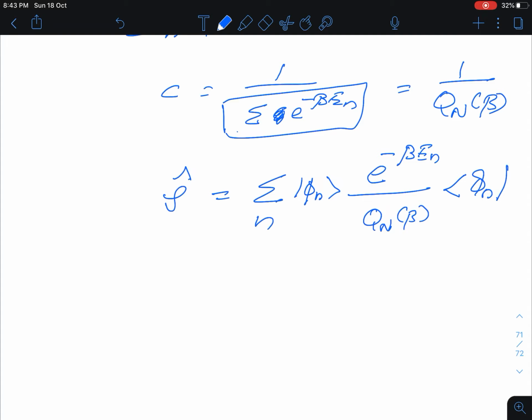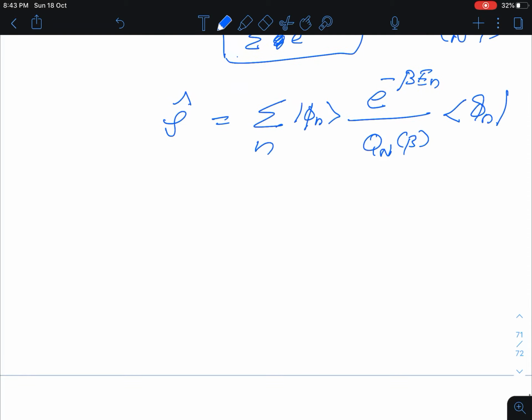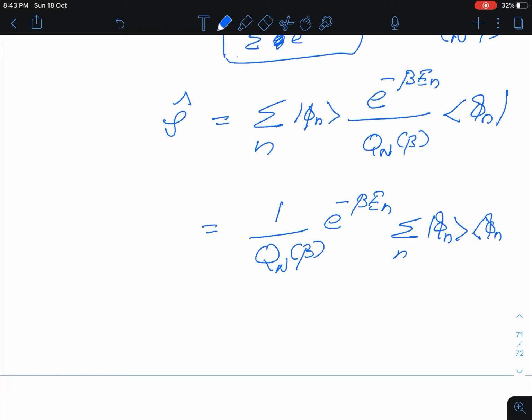That is rho. So that I can write 1 by Qn of beta e raised to minus beta En sigma n ket phi n bra phi n. Okay.